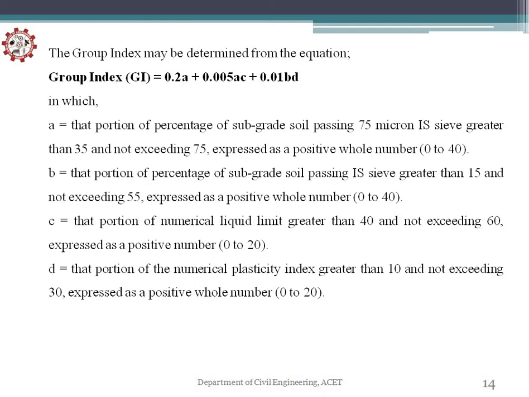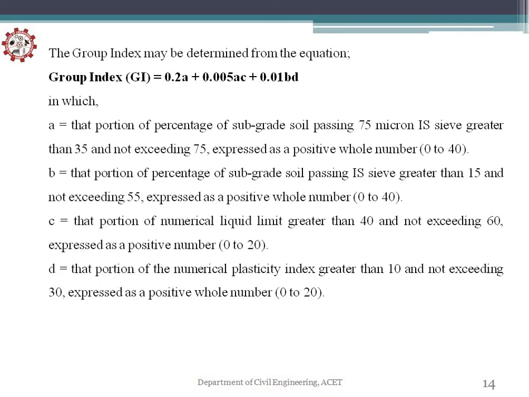So C, that is the portion of liquid limit greater than 40 and not exceeding 60, expressed as a positive whole number 0 to 20. And again D, that portion of plasticity index which is greater than 10 and not exceeding 30, expressed as a whole number 0 to 20.